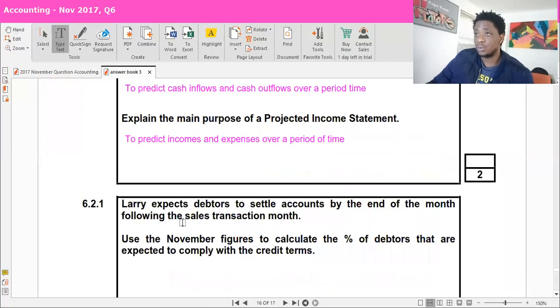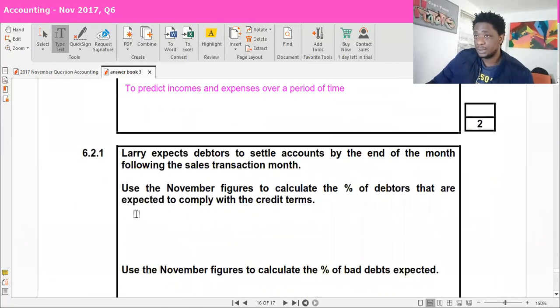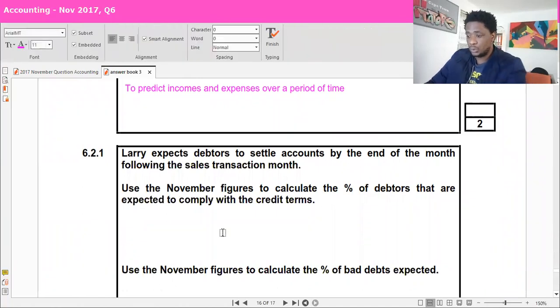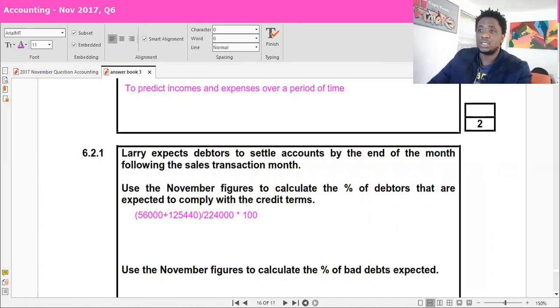So first 56,000 plus 125,440, then divide by 224,000, and multiply the whole thing by 100.